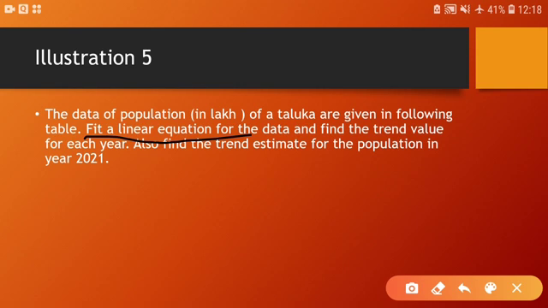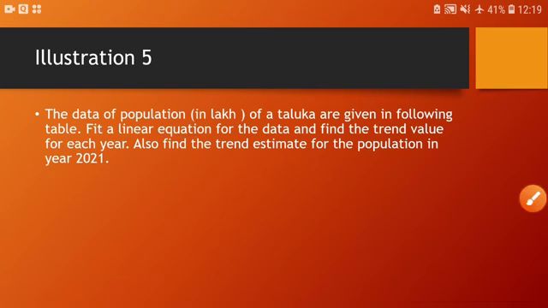Now what is this linear equation? This linear equation is your line y cap. What is this trend estimate for 2021? You have to take t as the next one, and you have to find the estimate. What is this trend value for each year? This we will be doing at the end of this question.